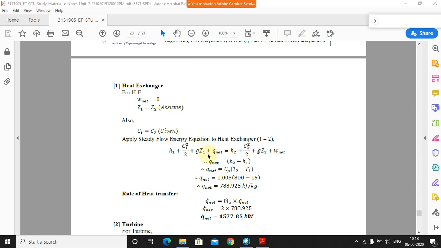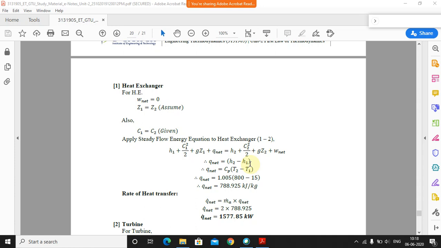Now we know that everything is the same because z1 and z2 are the same, c1 and c2 are again the same, so those will be cancelled over here, and w net is also 0, so that is again cancelled. So the only thing remaining is q net is equal to h2 minus h1.